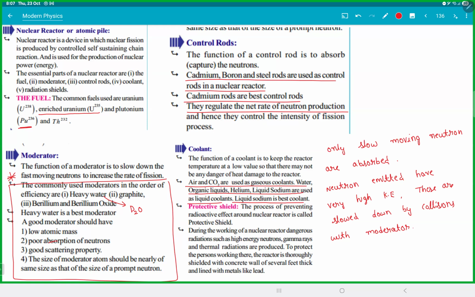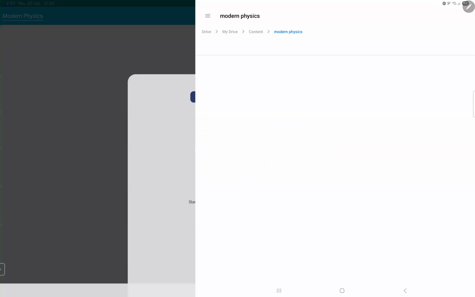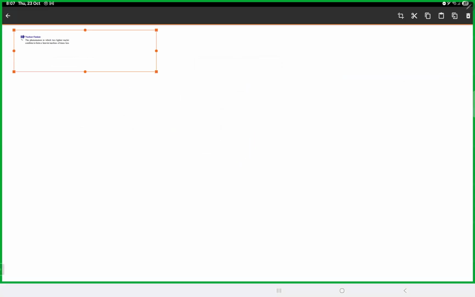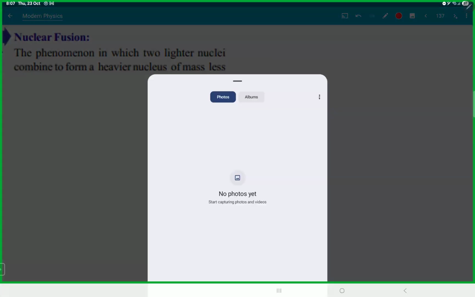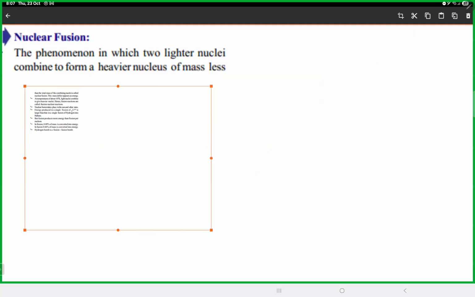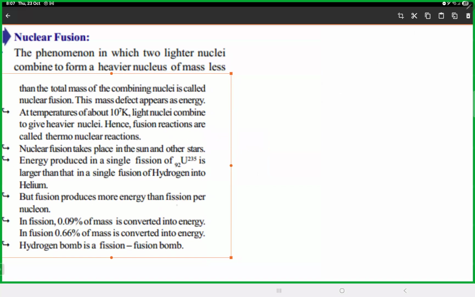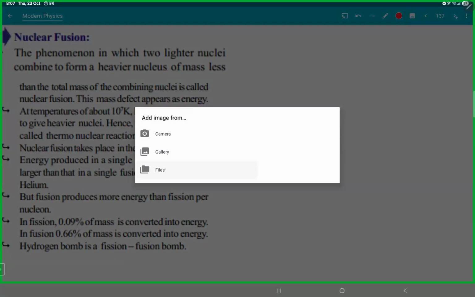So that is when you break something big into small. Then with nuclear fusion, in this case, we take the smaller particles and combine them to get a larger nucleus. Again, not really that important.